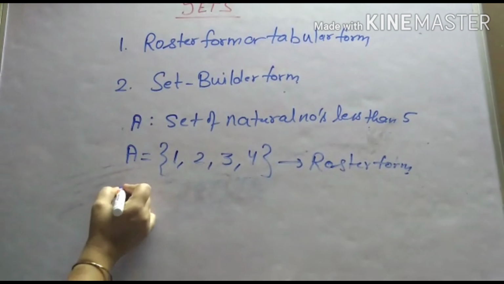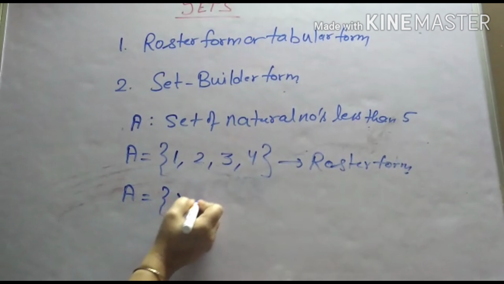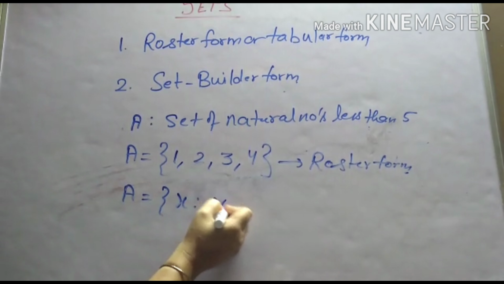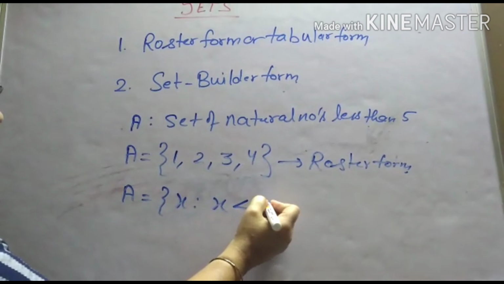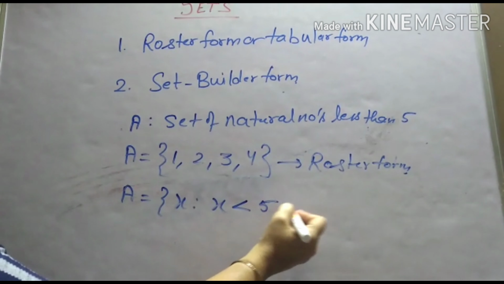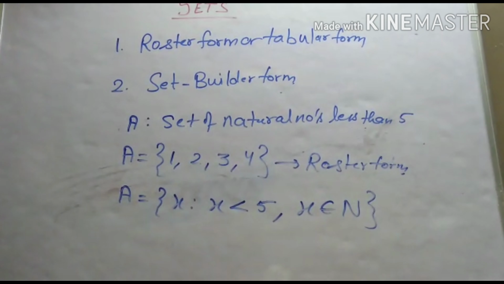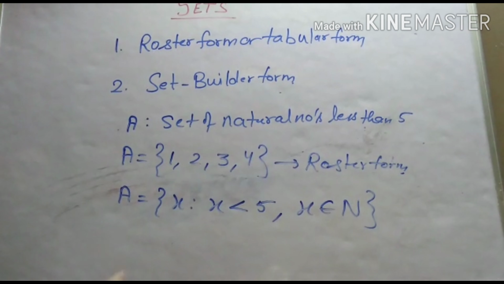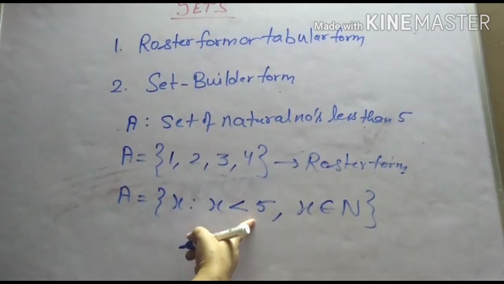Now, what is the set builder form of this set? We can write it as {x : x < 5 and x belongs to N}. X less than 5 means we have to take all the numbers less than 5.